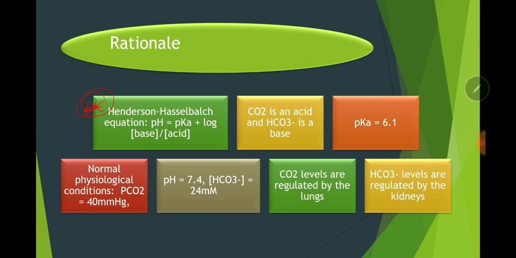So the formula for pH is pH equals pKa plus the log of the base divided by the acid. Make sure you memorize the Henderson-Hasselbalch equation, knowing that sometimes they can change the pH to pKa.